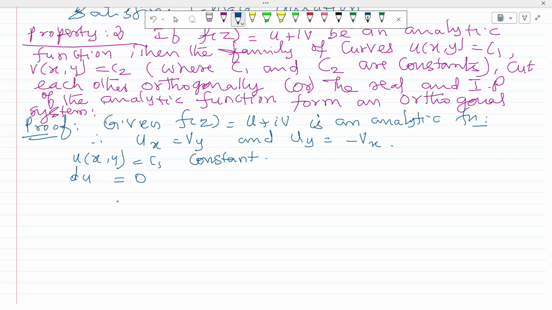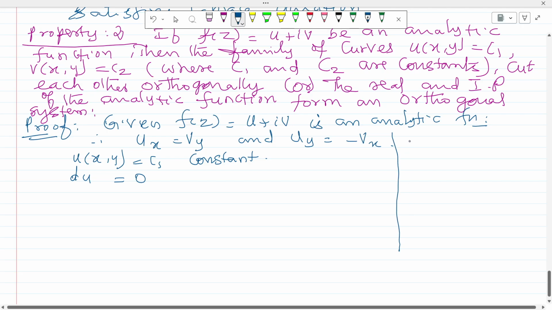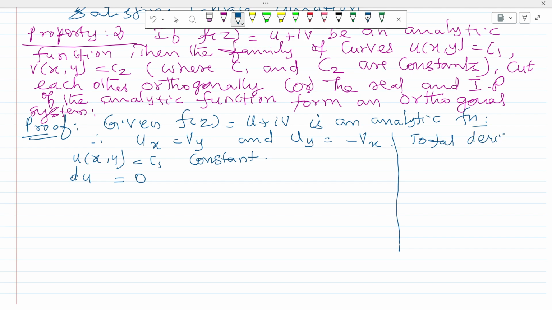Listen, we have discussed one important result in the first semester, functions of several variables, the total derivative. In the total derivative, if f is an implicit function, f of x comma y equal to 0, then df equal to dou f by dou x dx plus dou f by dou y dy.